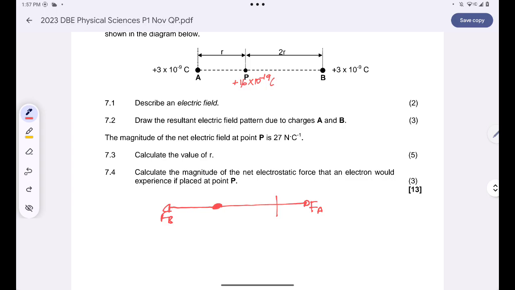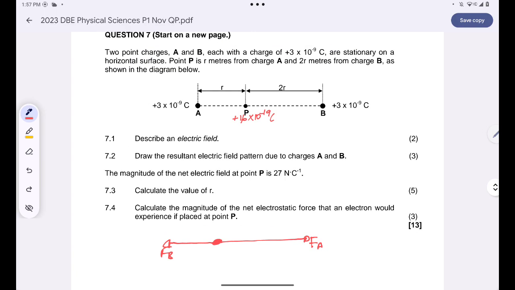Why is that? Please remember that, guys, from your Coulomb's law, the electrostatic force is directly proportional to the product of the charges and inversely proportional to the square of the distance apart. So if the distance is smaller, the electrostatic force that will be experienced will be greater.